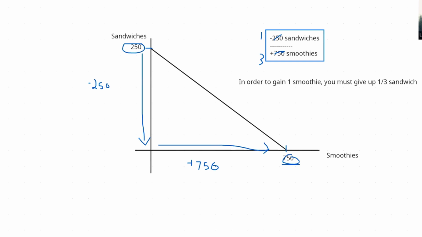So you're giving up 1 sandwich to make 3 smoothies, or 1/3 of a sandwich to make 1 smoothie. That's how you calculate the opportunity cost. If you want to find the opportunity cost of making a sandwich, you just flip it upside down. So you would give up 750 smoothies, and you would gain 250 sandwiches.